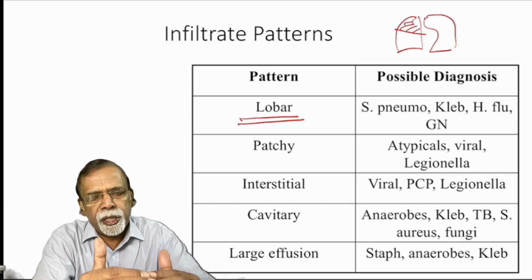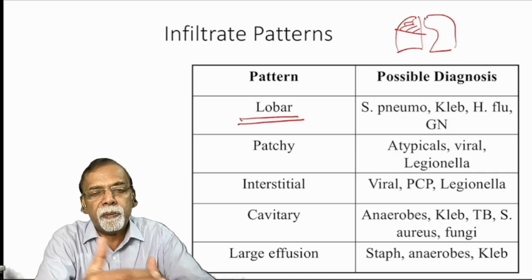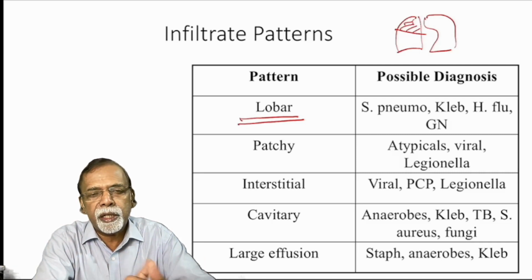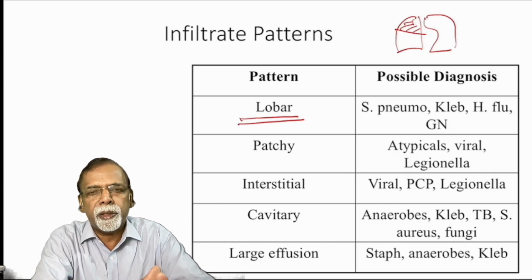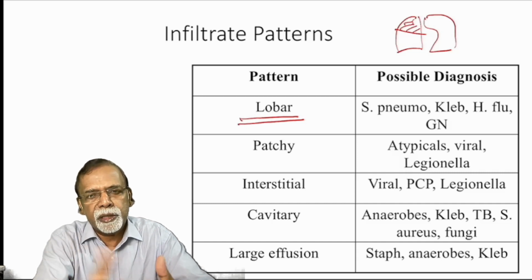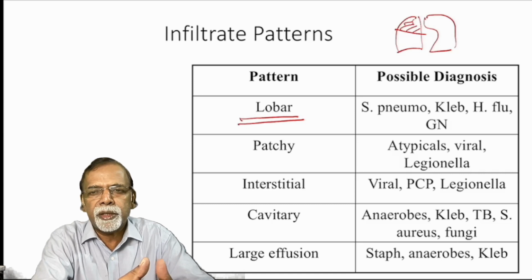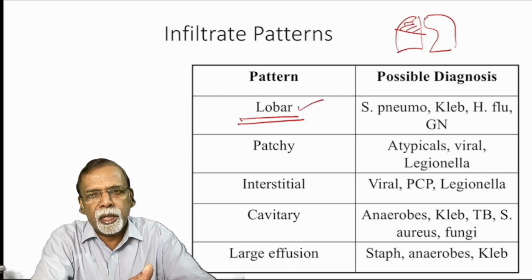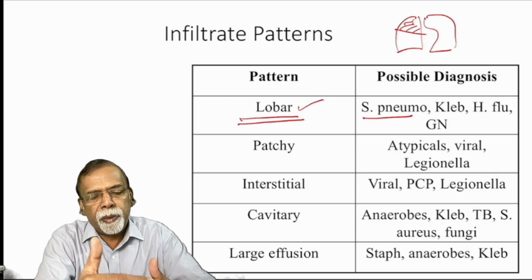As I already said, all patients with suspected pneumonia will have an X-ray chest, and different patterns can occur. The typical pattern in community acquired pneumonia is lobar pattern. A particular lobe is affected, and organisms as already mentioned: pneumococci, Klebsiella, H. influenzae. Sometimes patchy infiltrates can occur. This is especially common in viral pneumonia, atypical pneumonias.